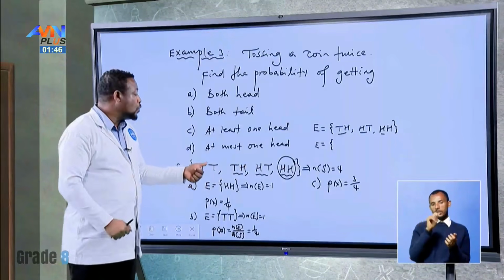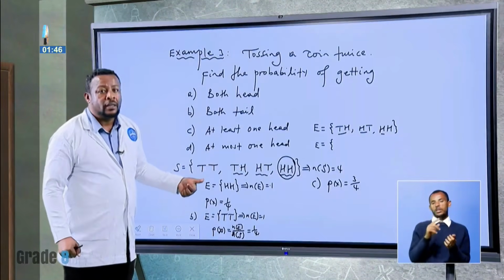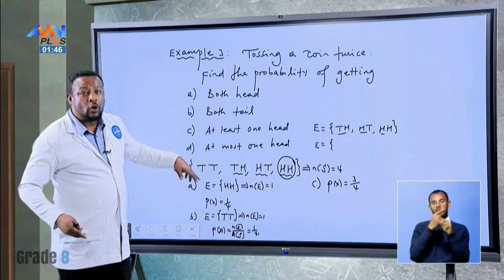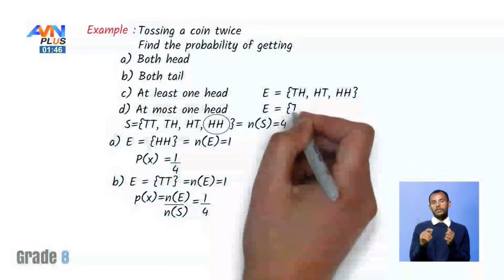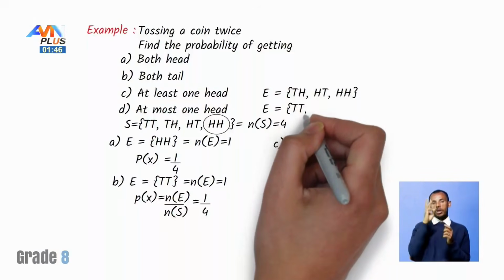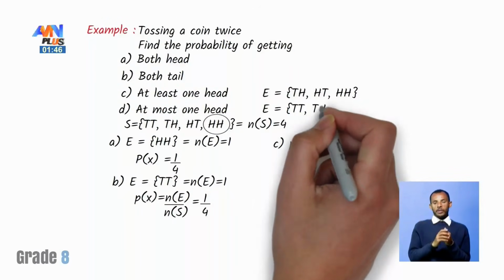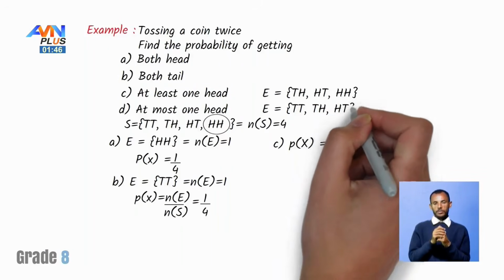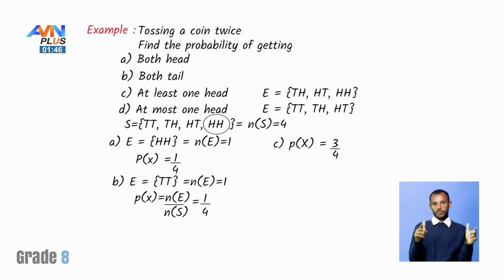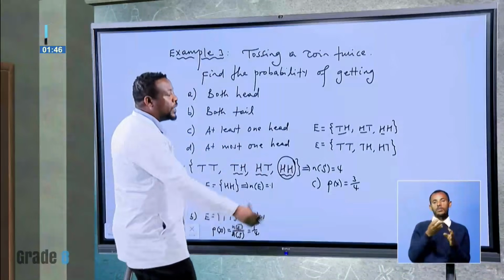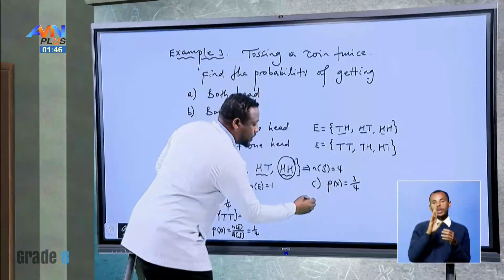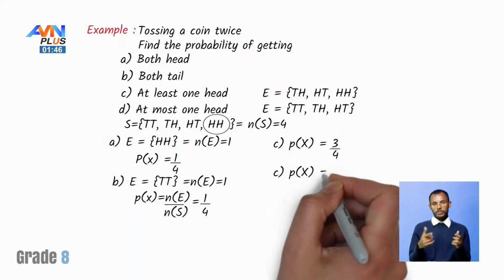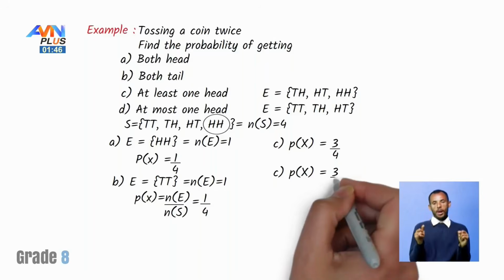Okay, don't forget you have the right to take TT, because it says at most one head. So you are free to take even both T. So this event will have the situations TT, TH, HT. Okay? So the probability of getting at most one head will be the number of elements here, which is 3. The probability of such an event is 3 over the number of the sample space, 4.